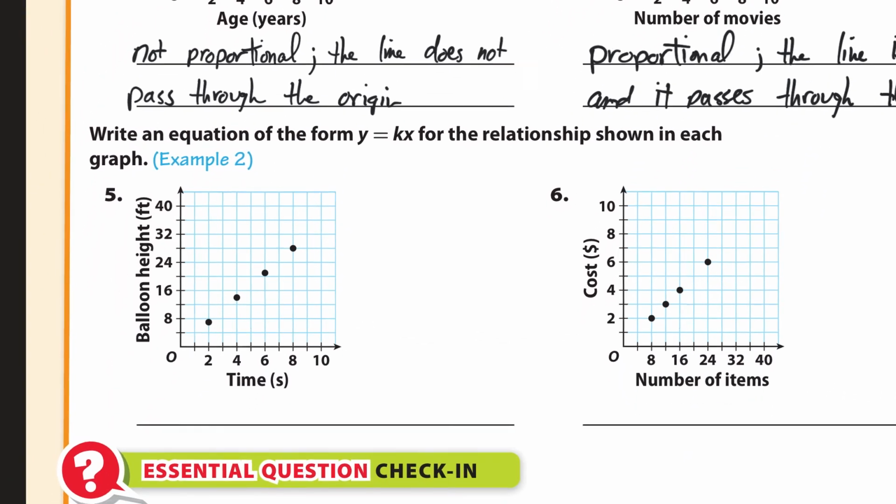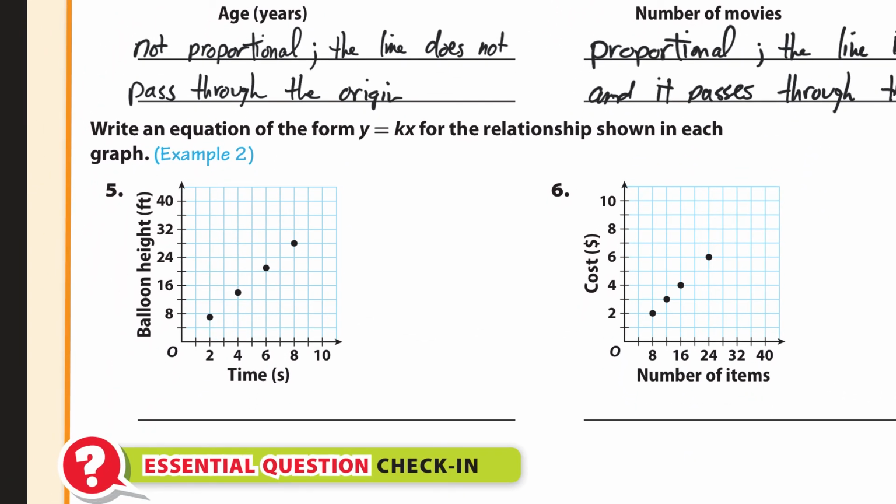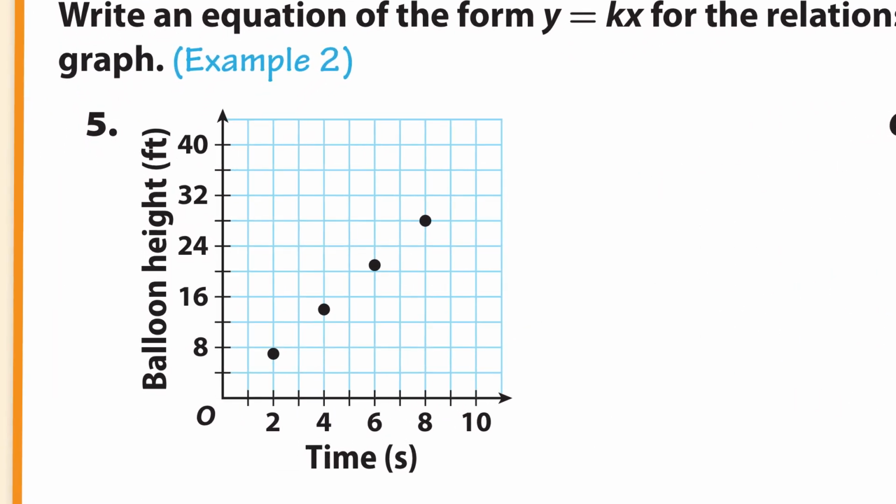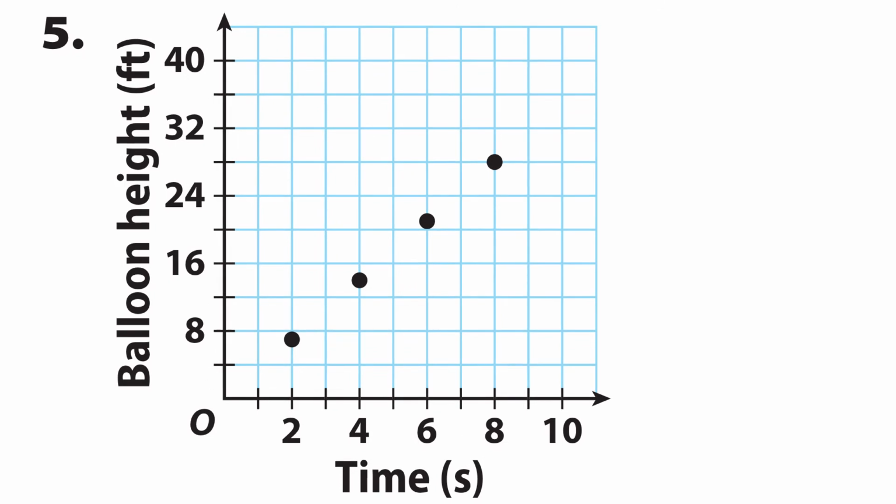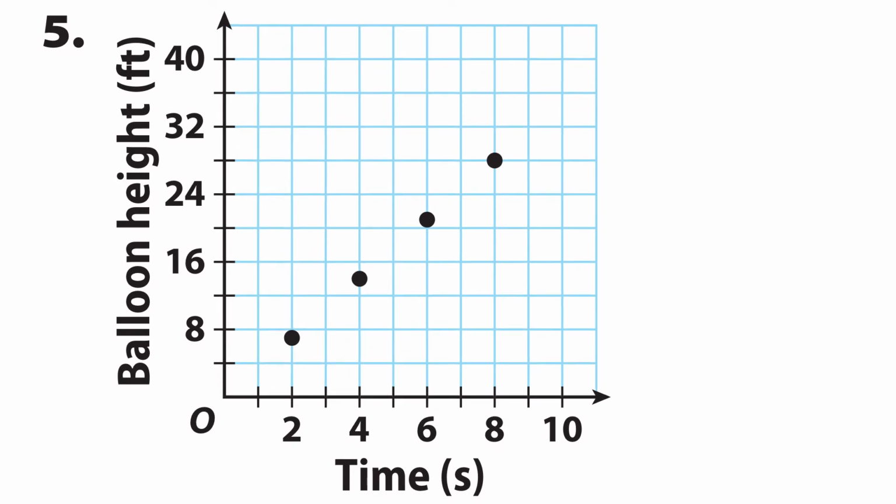Write an equation in the form of y equals kx for the relationship shown in each graph. Okay, what we need to do is figure out, let me get in tight here, a spot where it crosses the grid. See, this is where it crosses the grid right there.